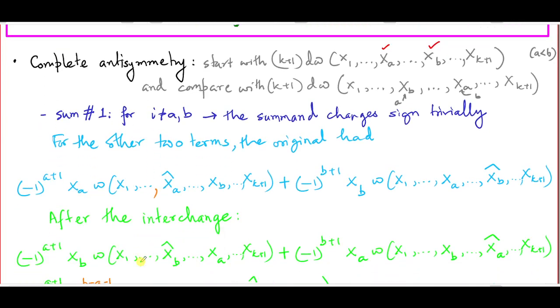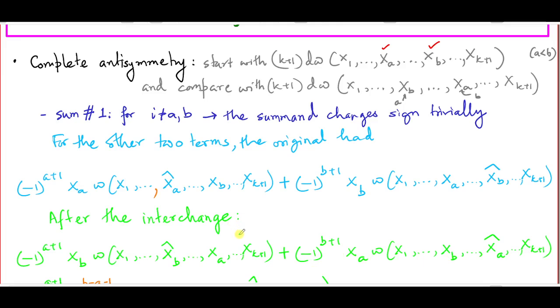So this term gives rise to minus 1 to the a plus 1 xb. Of course, this xb becomes xa, and this place, which after all is really missing, had x hat a before, now it has x hat b. Remember, the hat simply means that this is missing from the argument list. A very similar thing happens here.